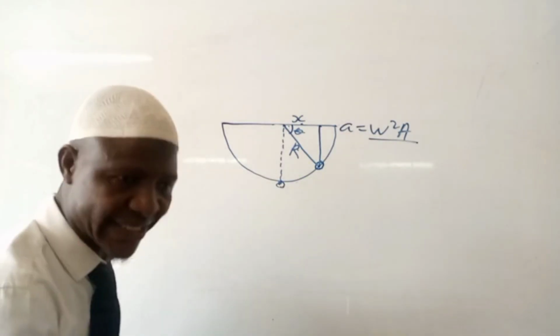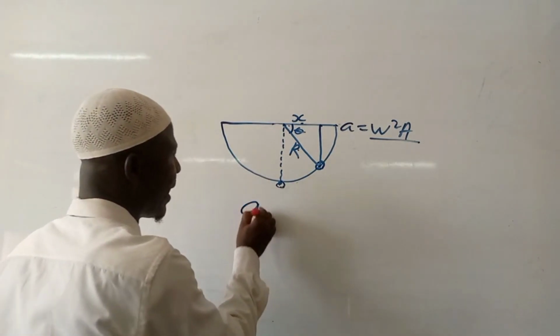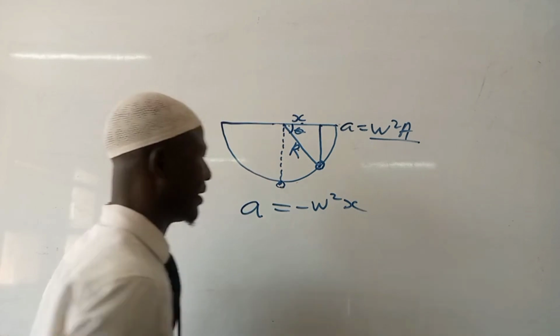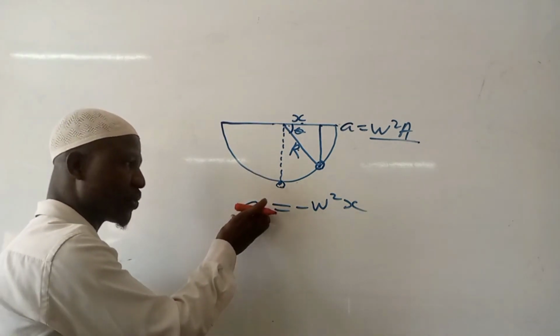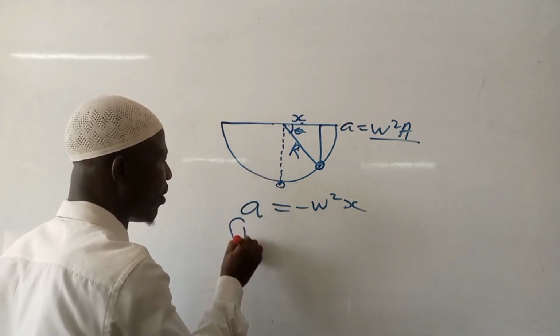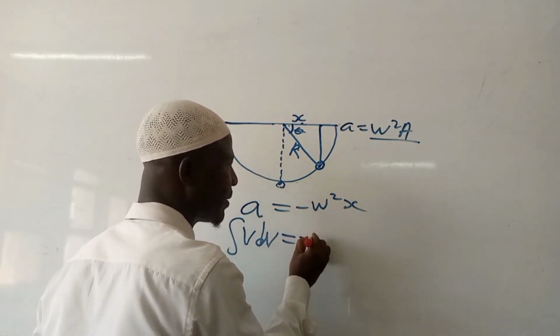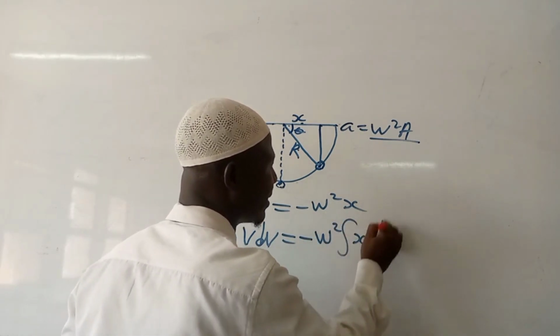When you integrate acceleration, you get velocity. Therefore, from a is equal to minus omega square x, let's integrate this one back. So when you integrate this one, it will give you integral of v dv is equal to minus omega square integral of x dx.